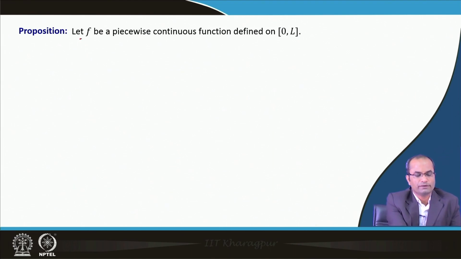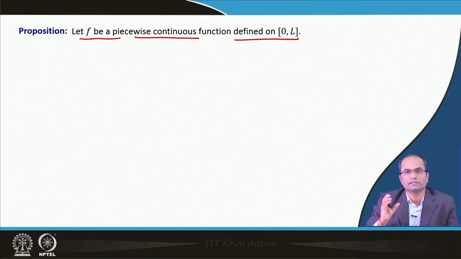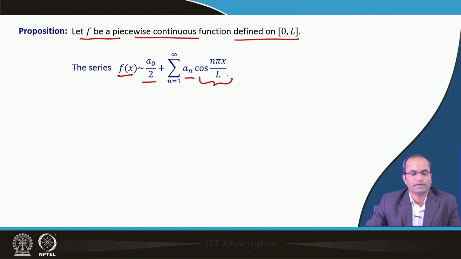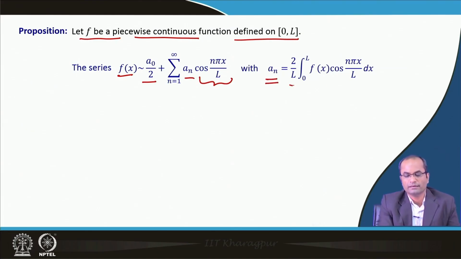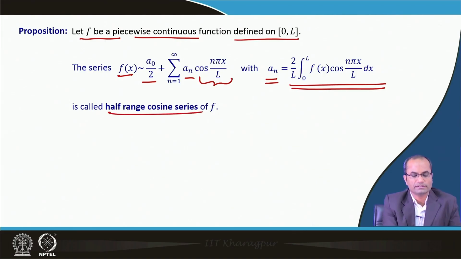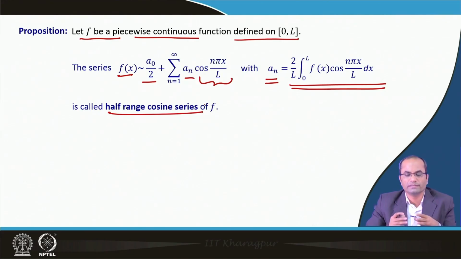Well, so having this now, we have this result. So, for example, f is a piecewise continuous function defined in some interval 0 to L. The series f x with a naught by 2 and we have a n there and then cos n pi x over L. This series with this a n is called half range cosine series of this f, and we know now how do we get this cosine series.